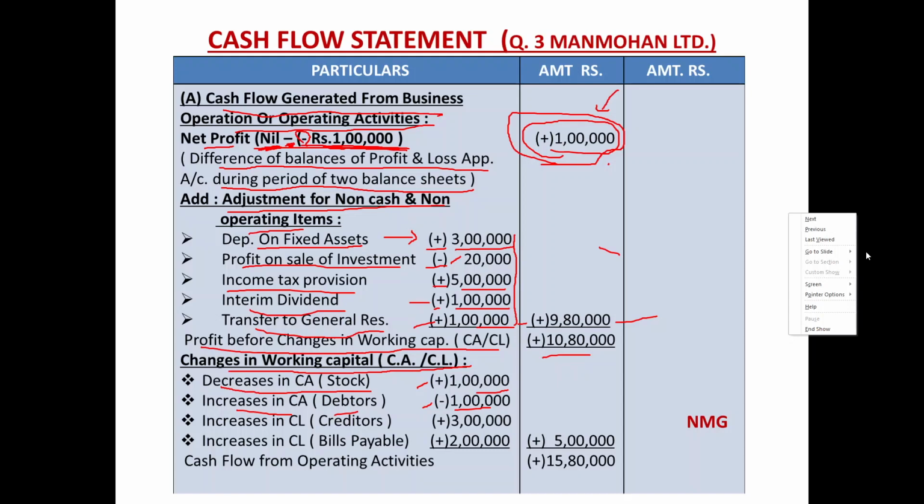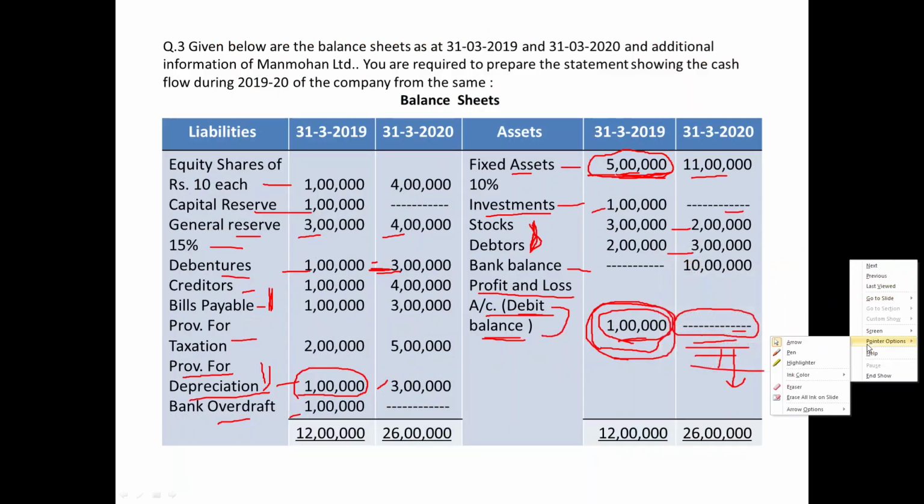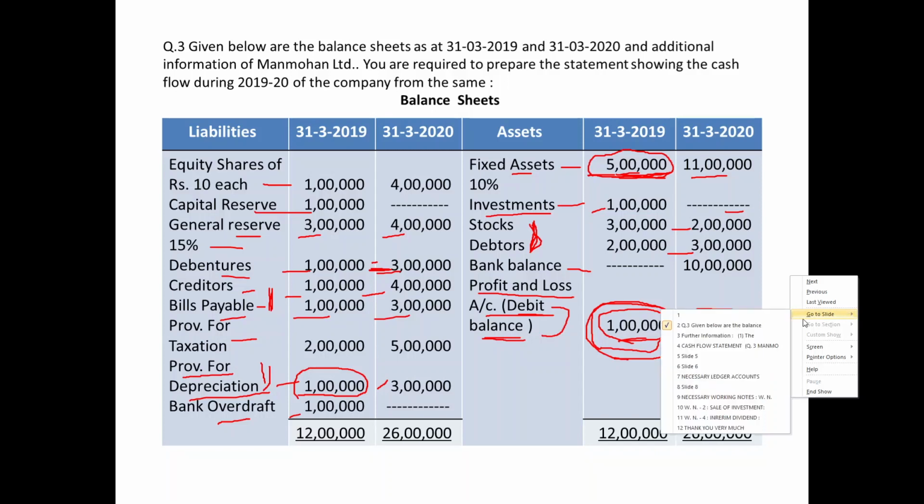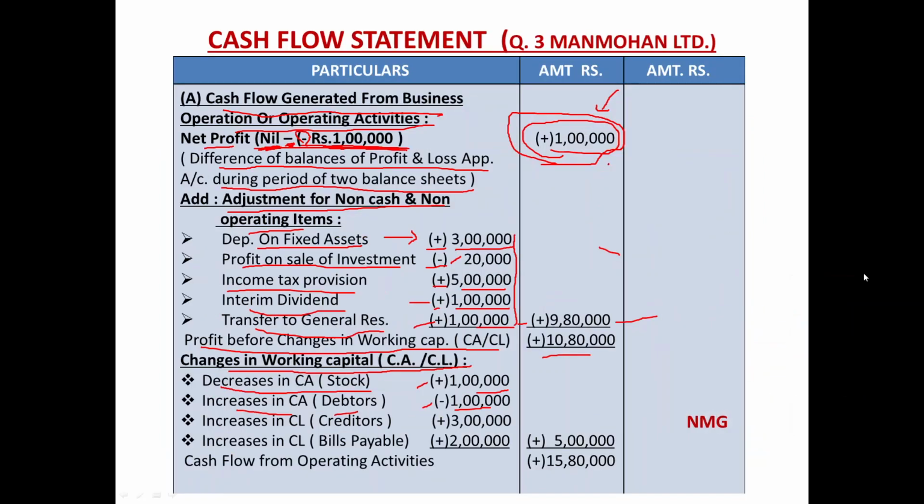Let us verify the two items of the current liabilities. Creditors: 1 lakh versus 4 lakh, increases. Bills payable: 1 lakh versus 3 lakh, it also indicates increases. So both items of current liabilities indicate increases in the current year. It's a positive relationship.